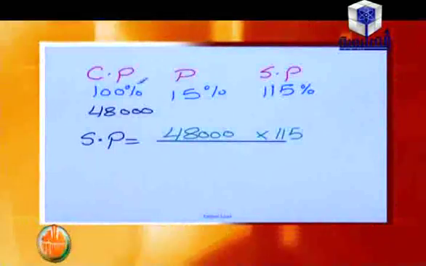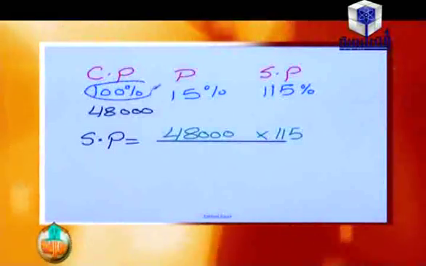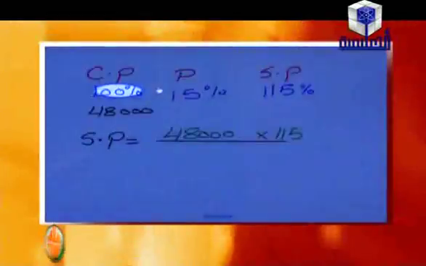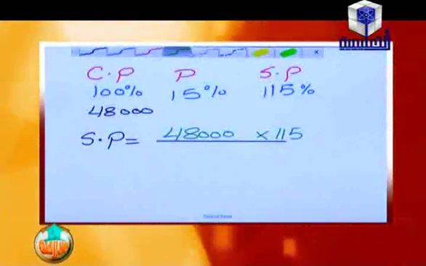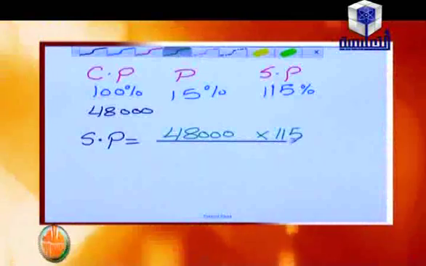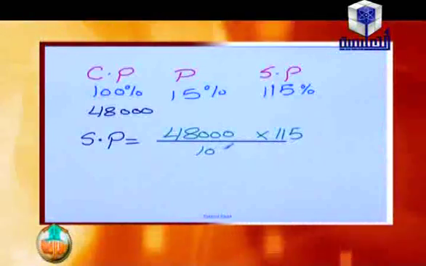Then the answer is divided by 100. So we have 48,000 multiplied by 115 divided by 100.